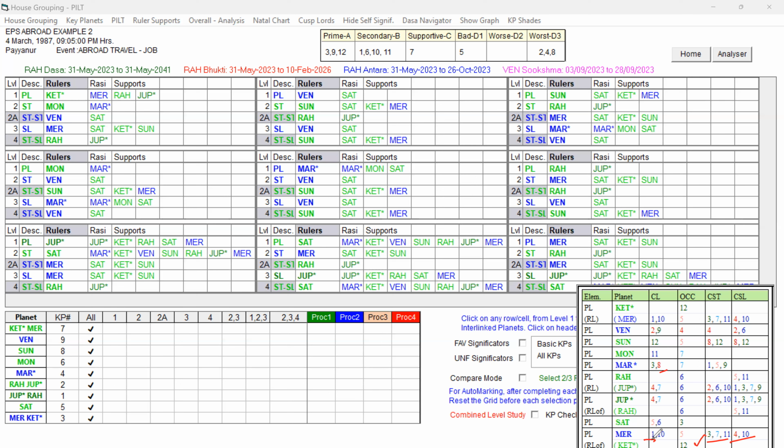It is favorable, supportive. Now let us examine the cuspal sublord of the primary houses: Sun, 12th sublord and 12th lord, and Jupiter, 9th sublord and 3rd sublord. These two planets we check importantly, and Venus also, the 9th lord. Let us check the Sun. Sun is in the star of Rahu, and these are two good key planets.